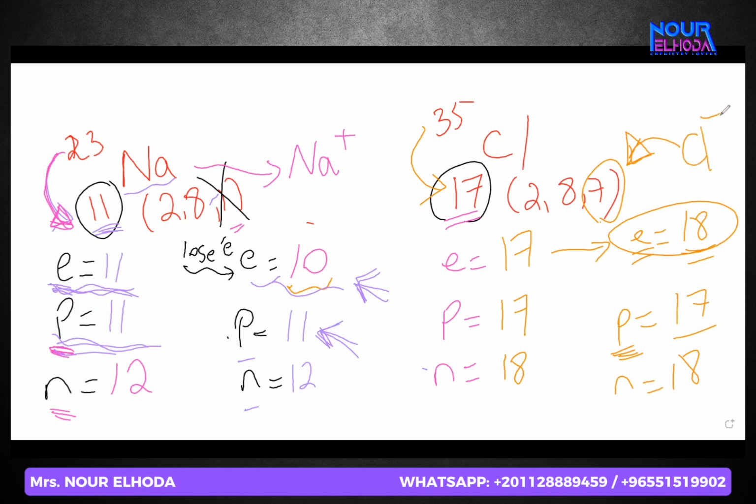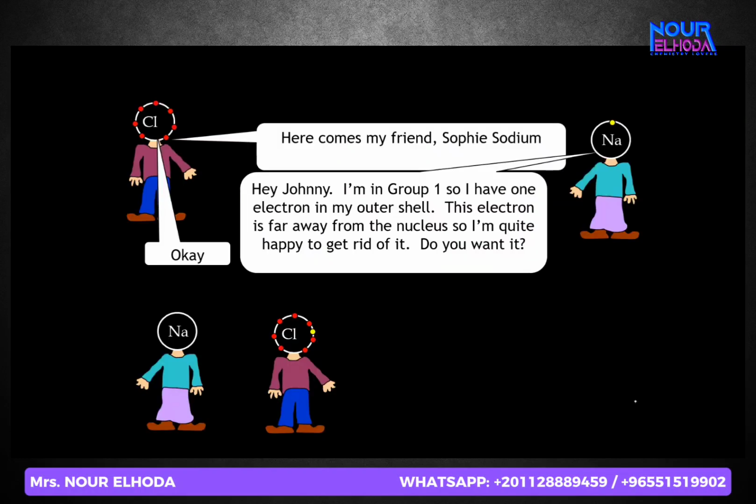Okay, as you see, let's return back. Exactly Justina. Let's return back to our elements, our friends Sophie and Johnny. You see what happened: chlorine had 7 in the outer shell. Here I drew only the outer shell, and sodium had 1 electron in the outer shell. So this one lost the electron and the chlorine will take it.